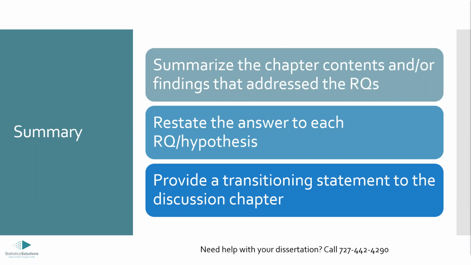So again, state whether each hypothesis was supported or not supported, or the null hypothesis was rejected or not rejected, and give a summary explanation of how you arrived at each of those conclusions. And then finally, you want to provide just a short transitioning statement, a sentence or two to your discussion chapter.